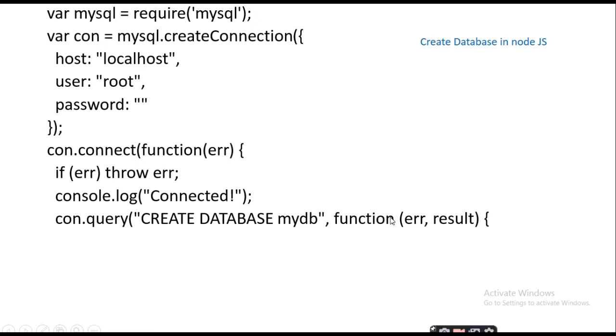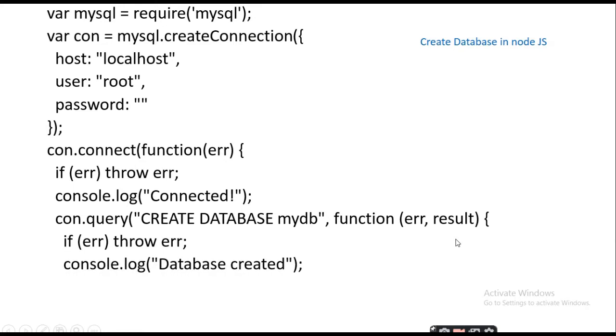Write this name, comma, function with error, comma, result. If there is any error, it will display the error. Here you will get the result also. So if there is an error, it will show the error. Then console.log: if the database is successfully created, display the message console.log database created. Okay, and close this callback function, so you will get your database.